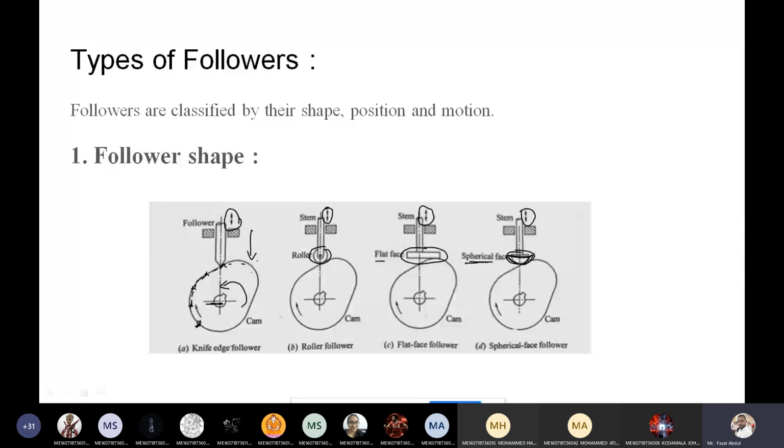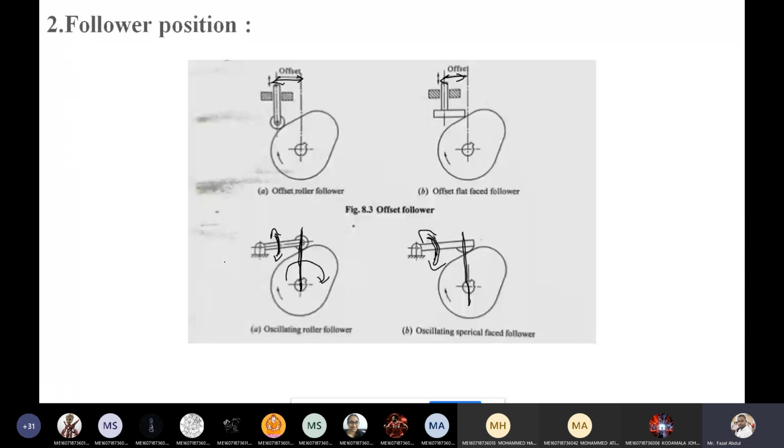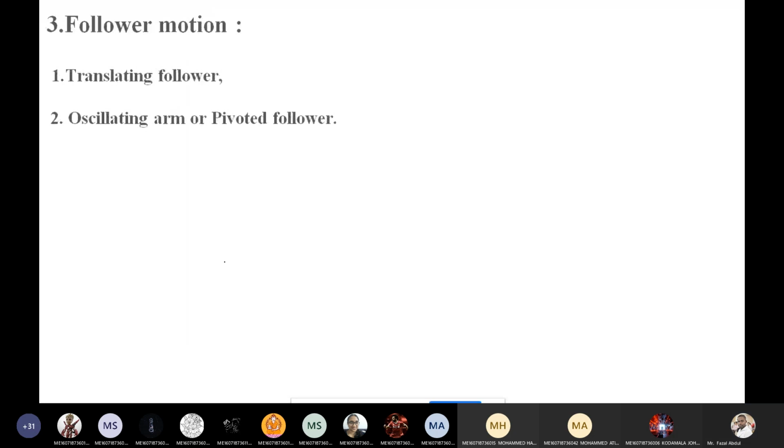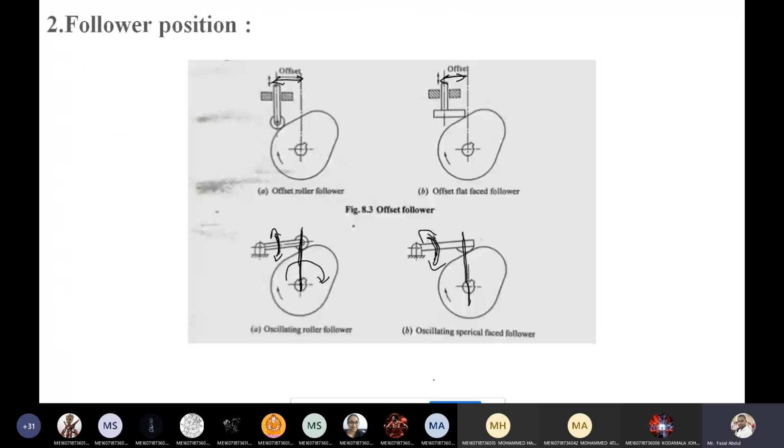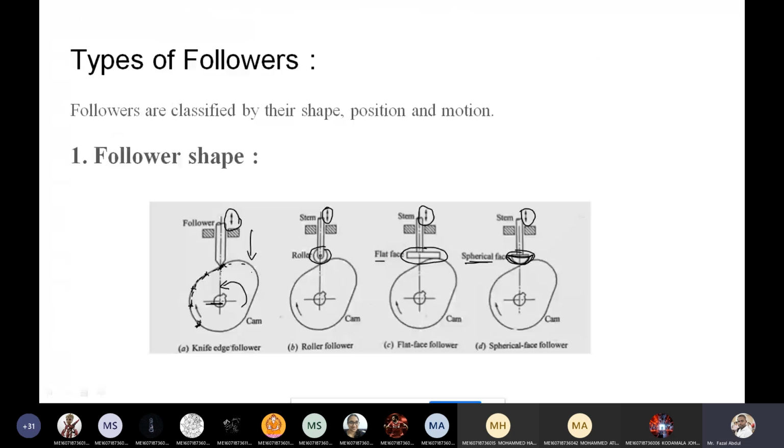What is the CAM profile? CAM profile is the actual working surface. Now for the knife edge follower, the trace point and contact point both are the same. For the roller follower, this is the trace point and this is the other contact point.